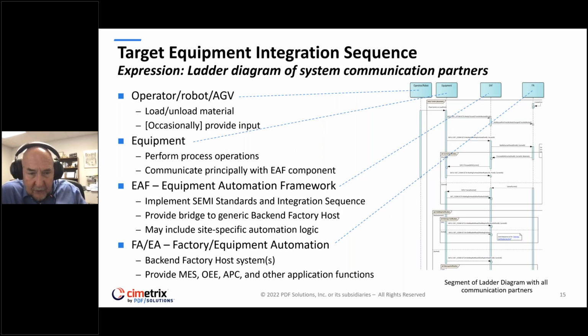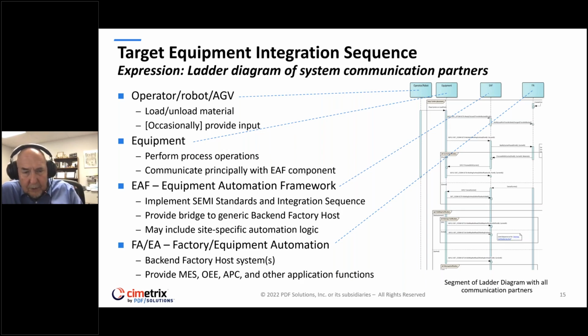This is where the processing happens, and this is where most of the communications happens between other elements of the system. So this is where the equipment suppliers need to look and see what communications they have to have with the operator and other system elements. The next rung on the ladder is what Infineon calls an equipment automation framework.